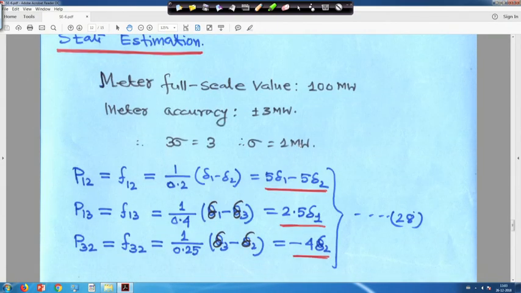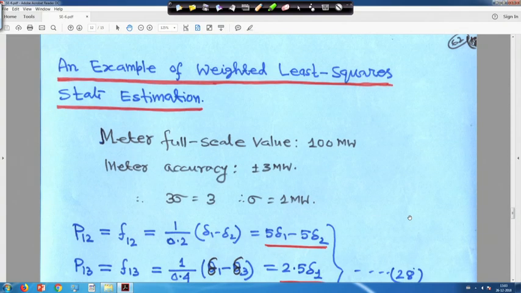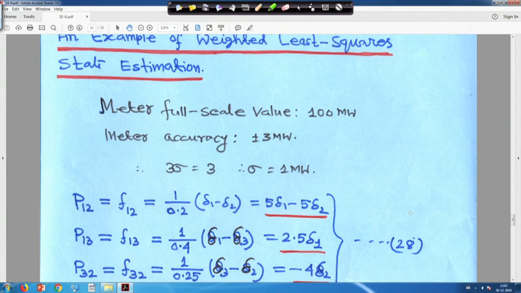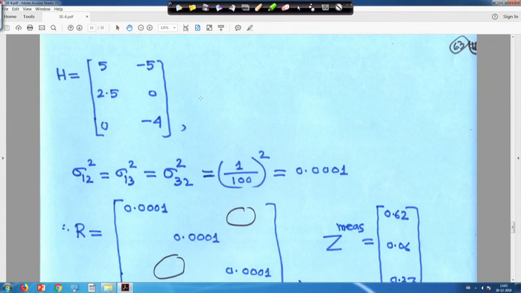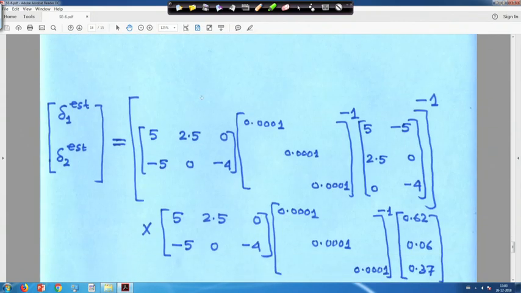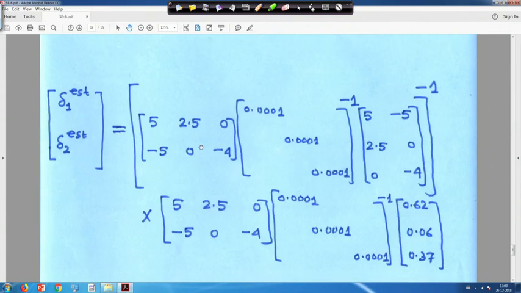What you will see is equation 28, I told you, after 27, 28 has come, and I told you that in 27, x is delta 1 estimated, delta 2 estimated. If you put all these values in this expression, it is H transpose R inverse H whole inverse, then again H transpose R inverse, then Z measure, which is given. Just put in every value and simplify, and this matrix inside will be 2 into 2 only.